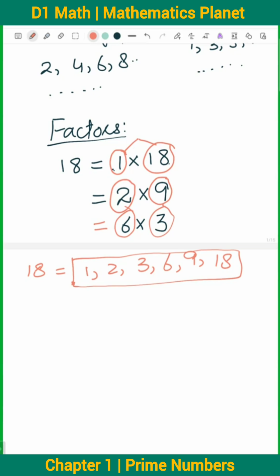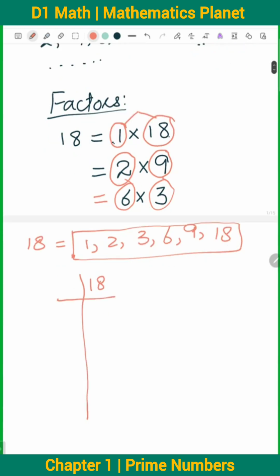So we can also find the factors of 18 in this form. This is called prime factorization. So we can do 2 times 9 is 18, 3 times 3 is 9, 3 times 1 is 3. So the product of these numbers will give the factors of 18.